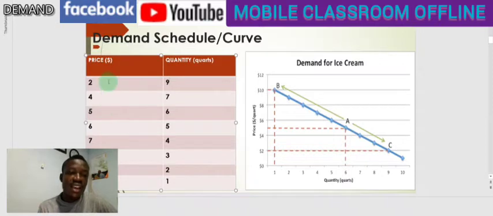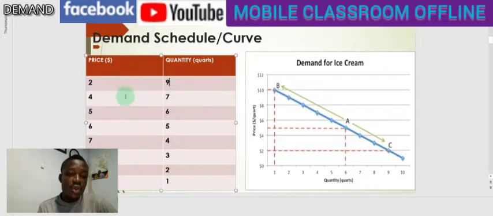What this means is that as the price continues to increase, you can see from this 2, 4, 5, 6 up to 10, as the price continues to increase, the quantity continues to decrease from 9, 7, 6 and up to 1. And this is the true reflection of the law of demand.